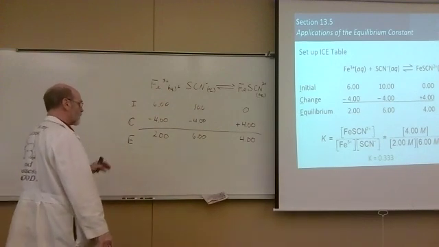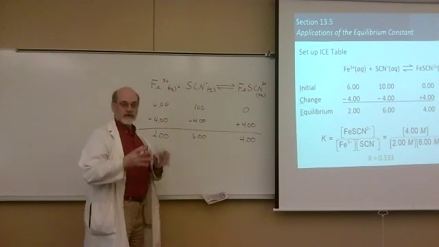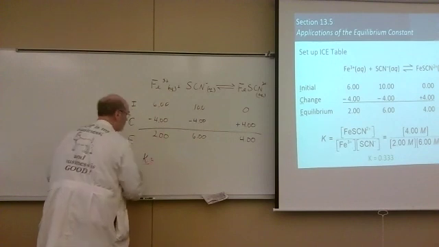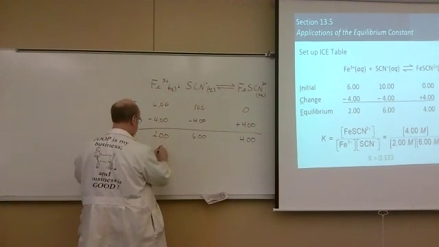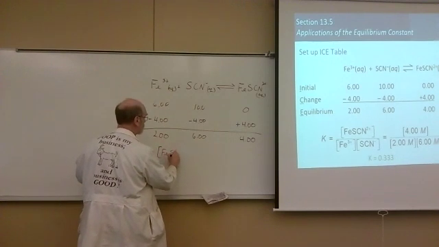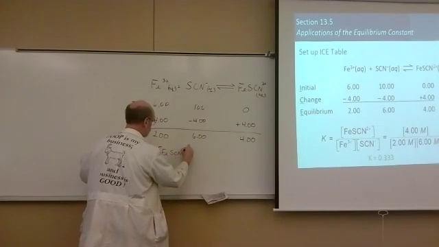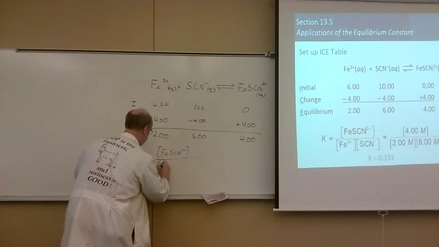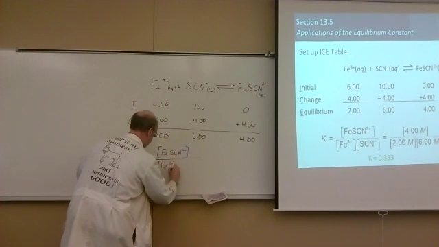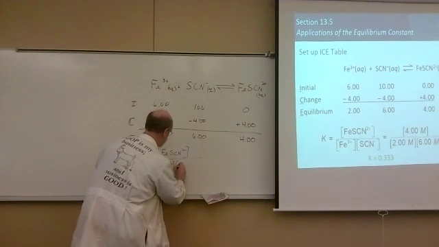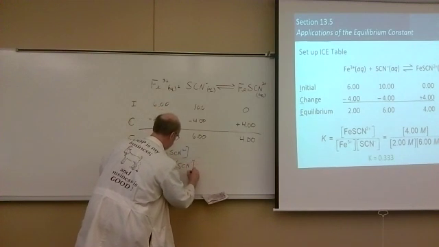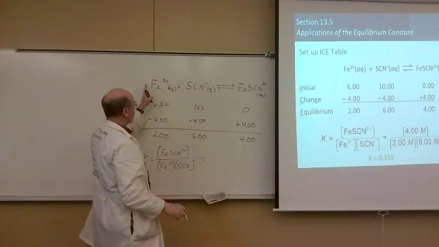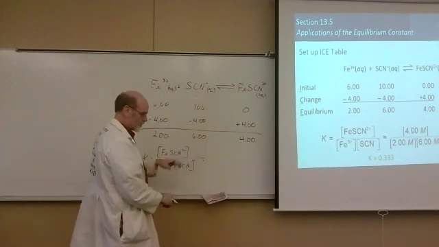Okay? Now that you know the equilibrium concentrations, you can calculate the K. So the K is going to be the product concentration divided by the reactant concentrations. We just plug in the values because they're all coefficients of 1. Everything's to the first power.